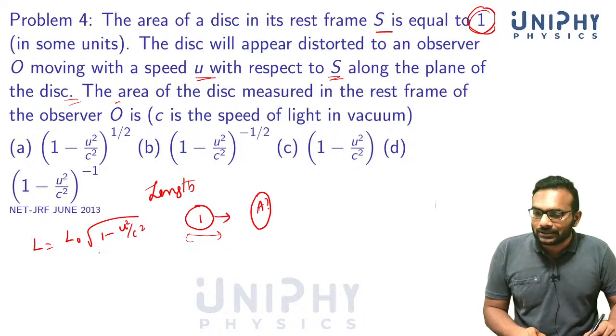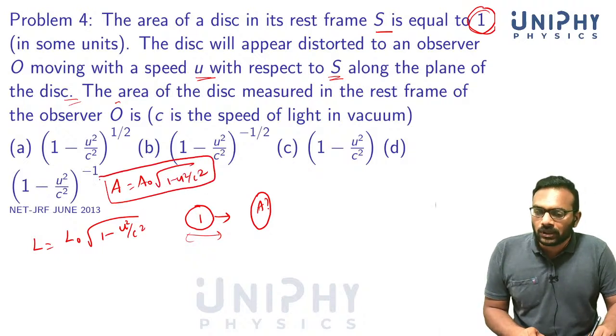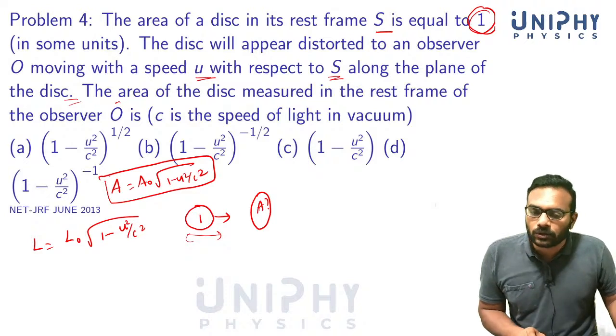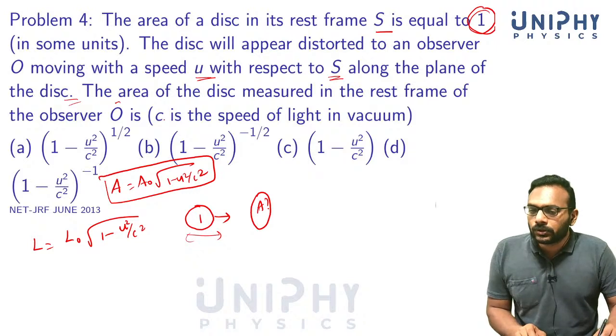So this length alone changes, and you can easily show that the area changes as A is equal to A0 square root of 1 minus u square by c square, because this is a constant. This is the result you will get. So you see that the answer is option A.